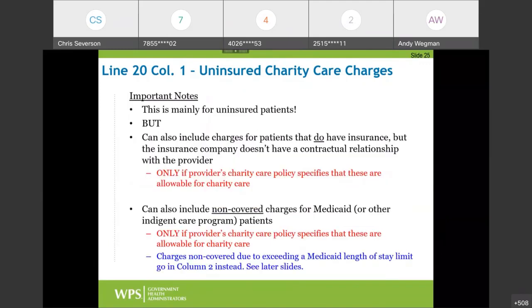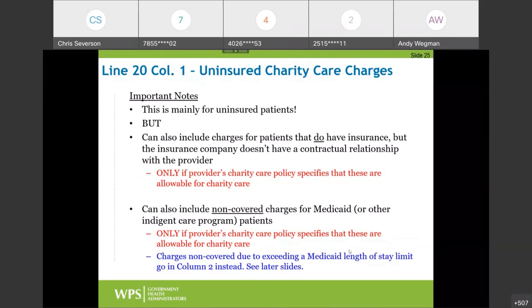And we talk, if the insurance company doesn't have a contractual relationship with the provider, for all intents and purposes, that's considered an uninsured patient because there's not going to be a deductible or co-insurance. It's only a charge. But as I said, your policy has to specify that you allow that. Non-covered charges for Medicaid are allowable as long as your provider charity care policy says it.